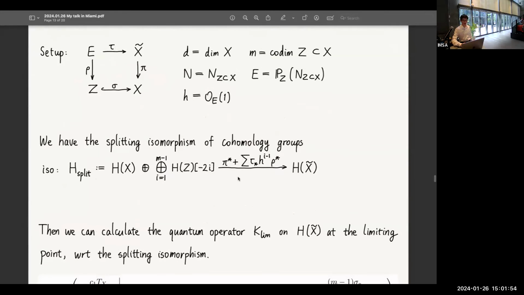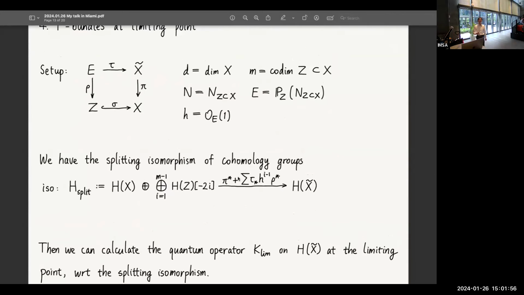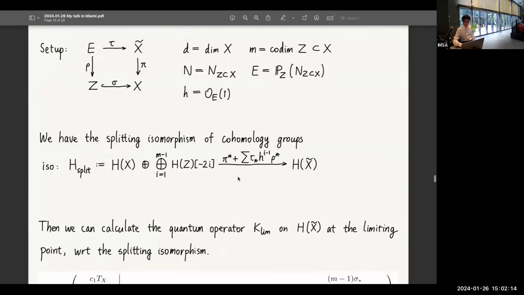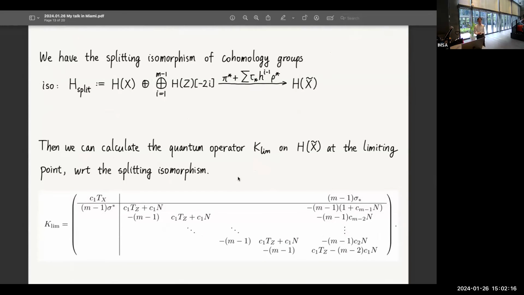And with respect to this isomorphism, let's calculate the quantum operator K limit on the cohomology of X tilde at this limiting point. If we calculate it carefully, we get this block matrix, in matrix form with respect to this direct sum.